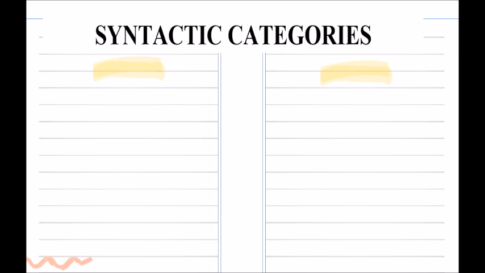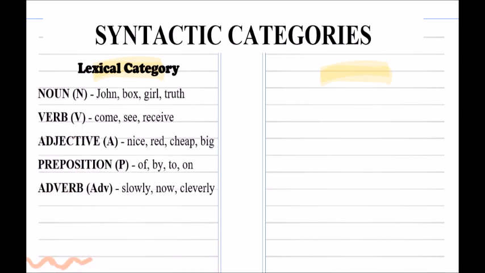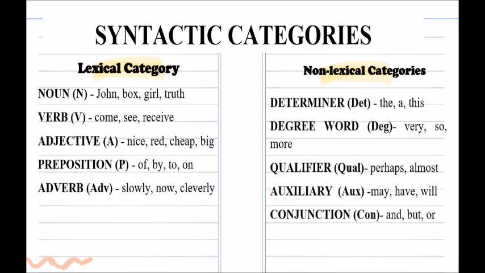Syntactic categories are divided into two: the lexical categories, which are noun, verb, adjective, preposition, and adverb, and non-lexical categories such as determiner, degree word, qualifier, auxiliary, and conjunction.